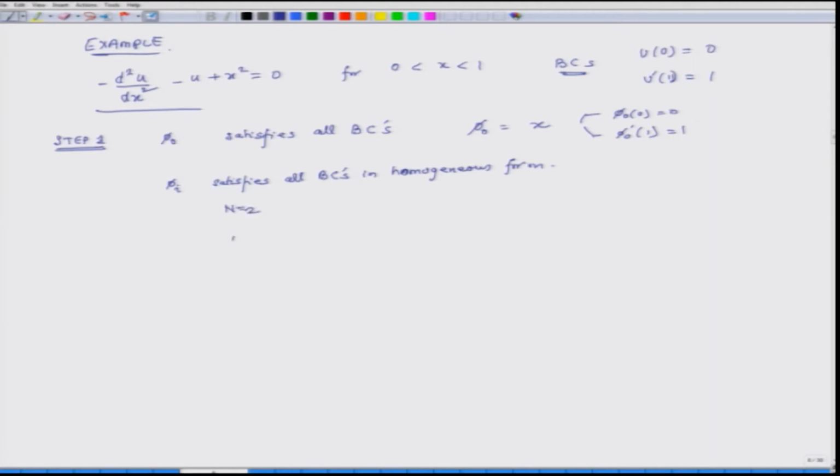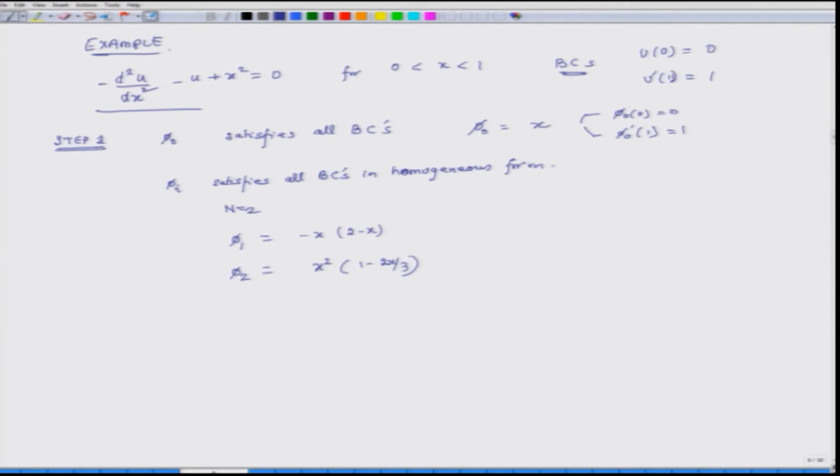We take phi 1 and phi 2 such that phi 1 equals minus x times 2 minus x, and phi 2 is x square times 1 minus 2x by 3.